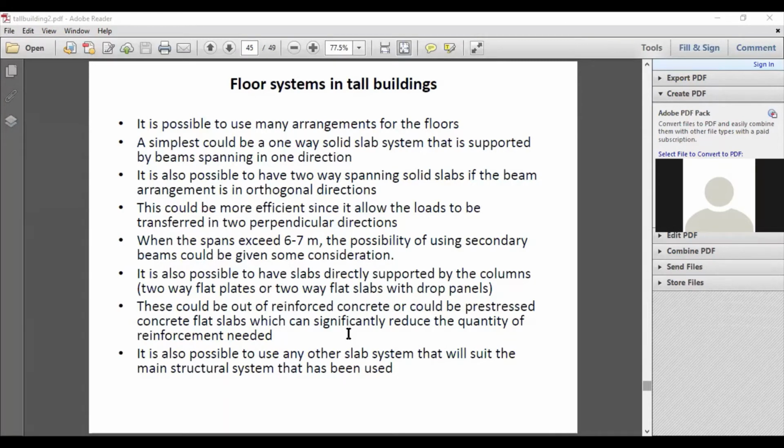So for any span, you need to have a reasonable depth. So you'll find that the decking sheet is profiled in such a way that you will get some kind of ribs.